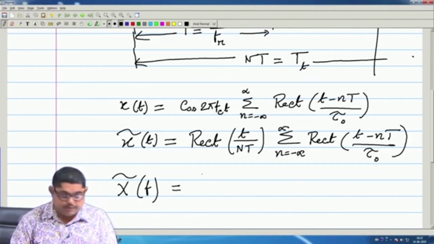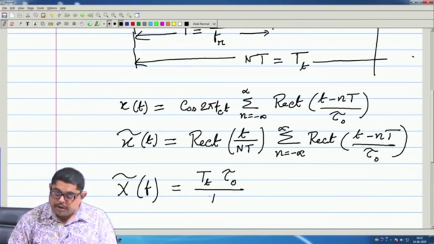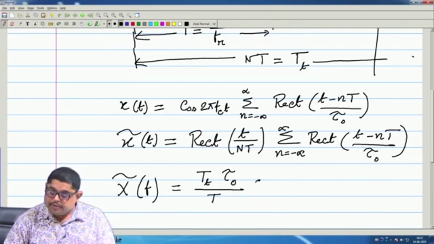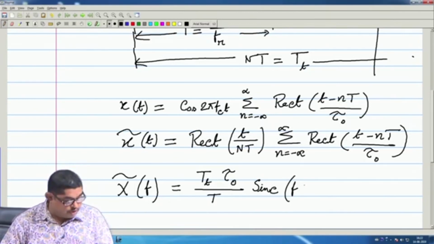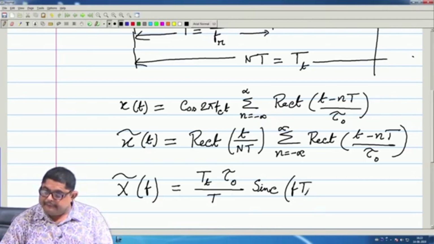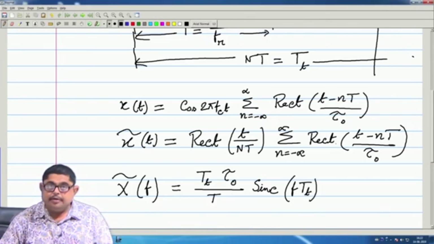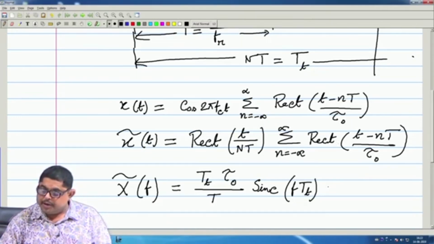This is a rectangular function, so separately, if we take this T T tau naught by T, we know that a rectangular function gives a sinc function. Then, by the property of the Fourier transform, these two will be related by a convolution.